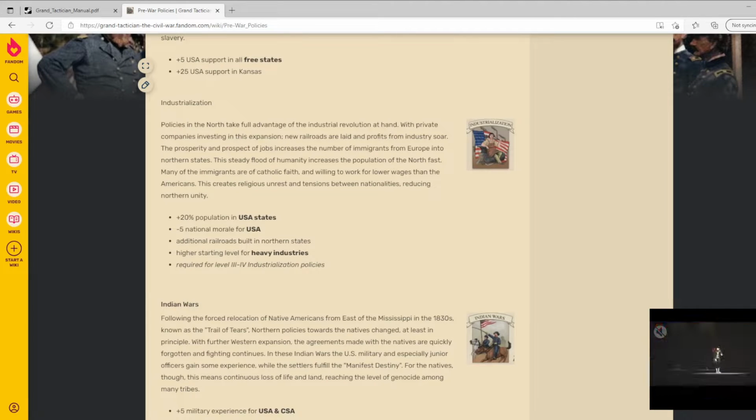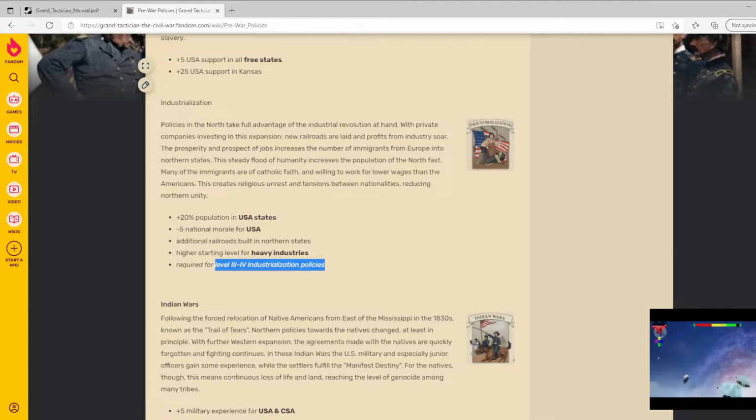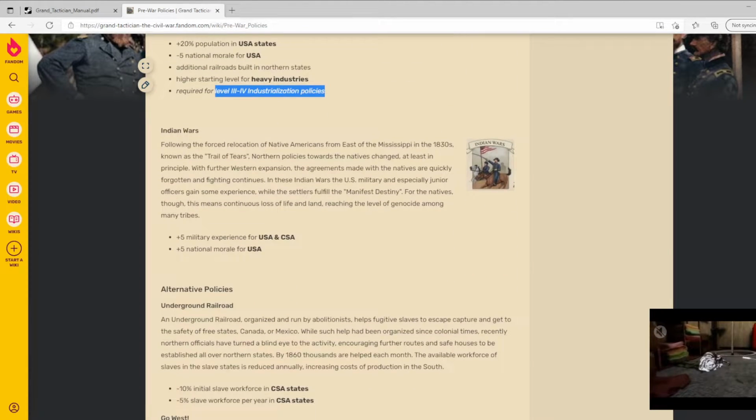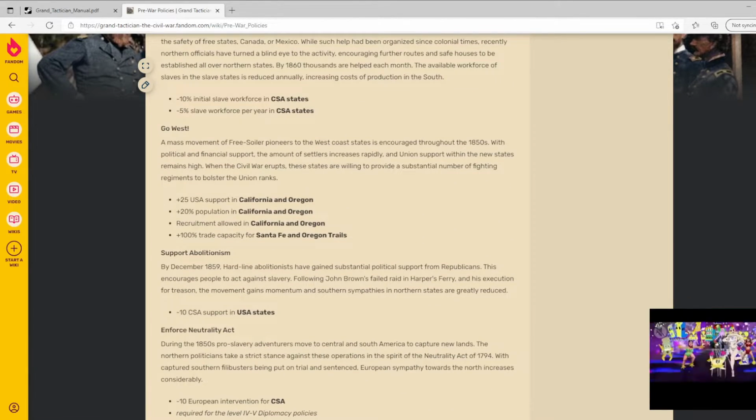It's a different video. But industrialization, I think, is an important one, whether you're fighting as Union or CSA. The national morale, not a big deal. Plus 20% population, you definitely want that. Additional railroads, definitely want that. Higher starting level for heavy industries, definitely going to want that. And it enables you to get level 3 and 4 industrialization, which also means more subsidies for industry. I would say you definitely want that.